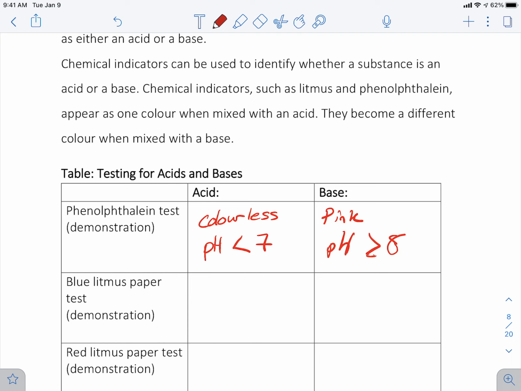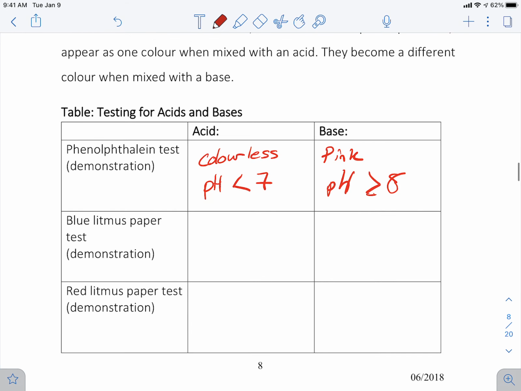If anybody's ever worked at a pool or owned a pool, you'll know that this is something you do pretty regularly: you take a sample of pool water and add a couple drops of indicator to it. They usually have a couple of different things that you add, and you're looking for a certain combination of color to appear. That color can tell you whether the water is safe for people or not. Blue litmus paper stays blue in a base, and it turns red in an acid.